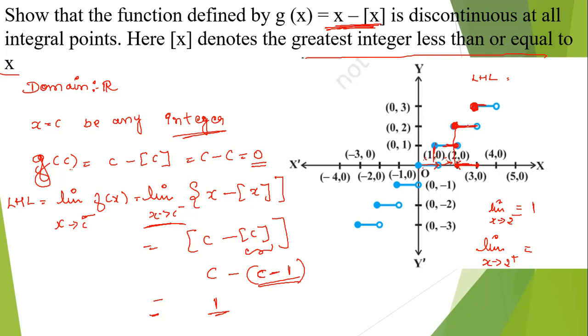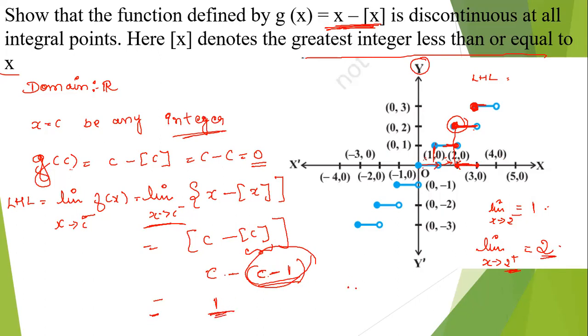So here for all the values greater than 2, the value of the function, that is the y value, is 2. This one is C minus 1 since we are approaching from the left hand side. So C and C get cancelled, minus into minus is plus, so you are getting 1.